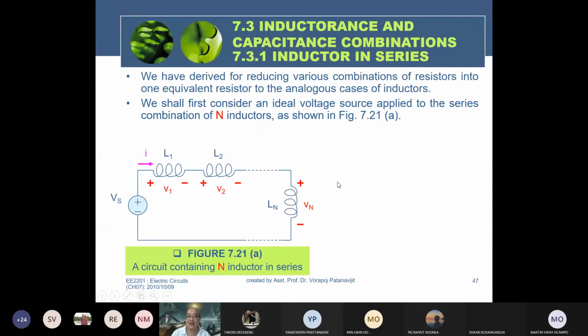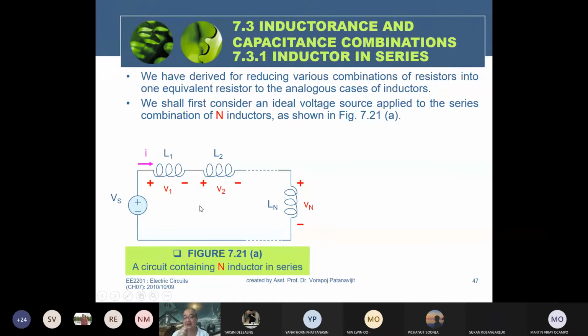The last part of the inductor and the capacitor topic is the inductor and capacitor combination. The way to remember the inductor combination and the capacitor combination is very easy. I will summarize it. The inductor is the same as the resistor.